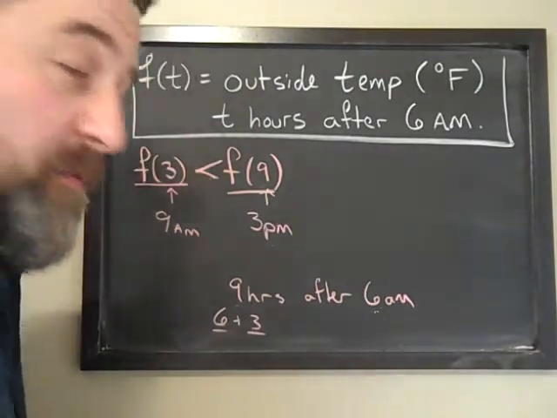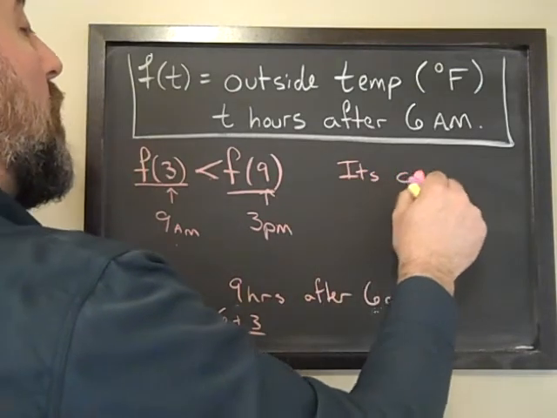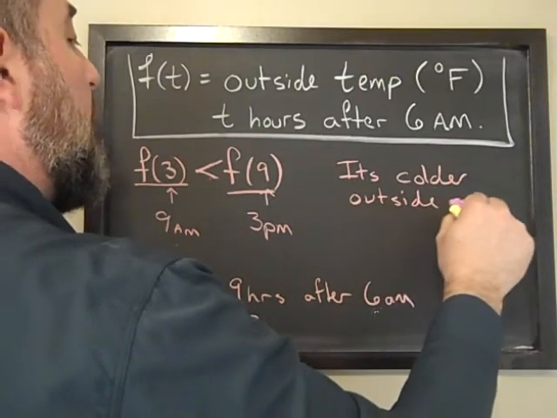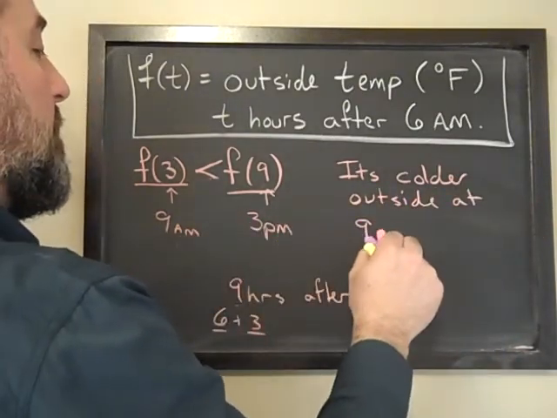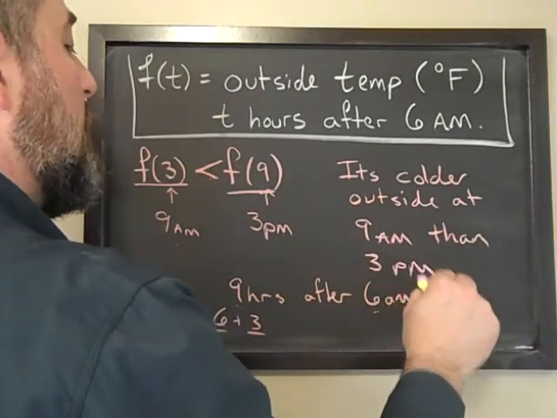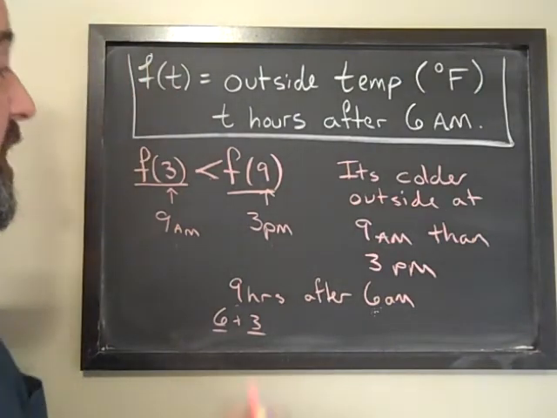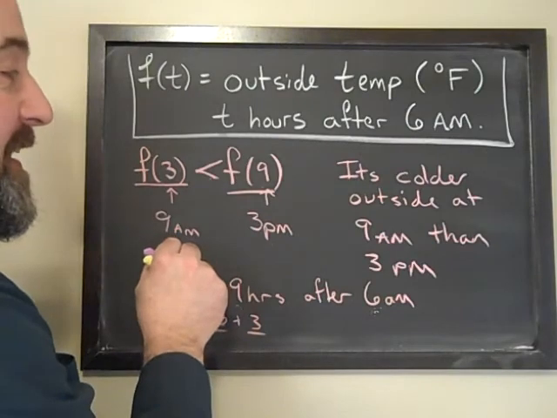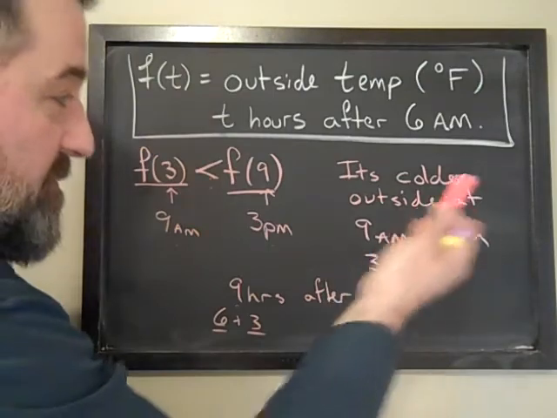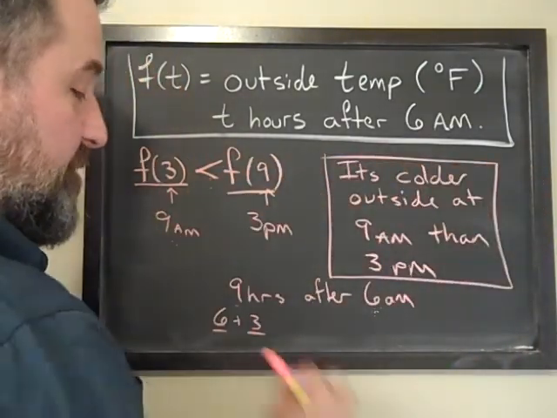So when we put it all together in words, we say it's colder outside at 9 a.m. than 3 p.m. Or if you wanted to be a little more literal in your interpretation, you could say the temperature at 9 is less than the temperature at 3. But all that means is it's colder outside at 9 a.m. than 3 p.m.